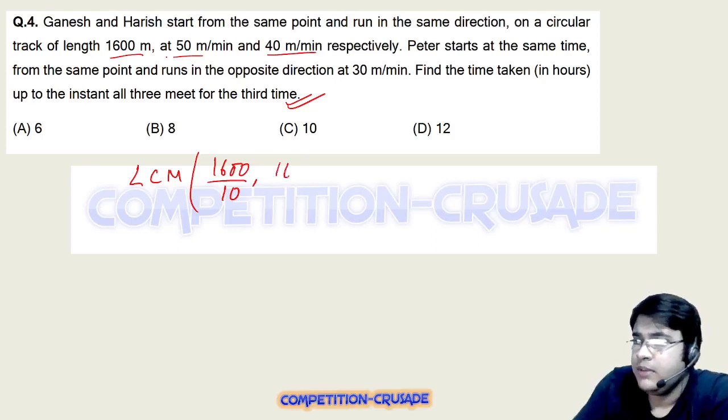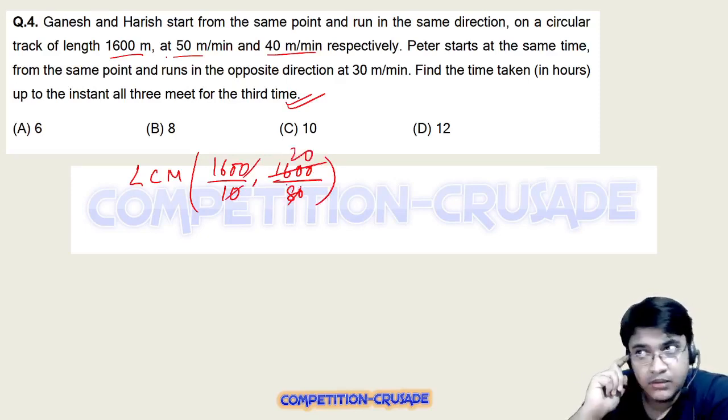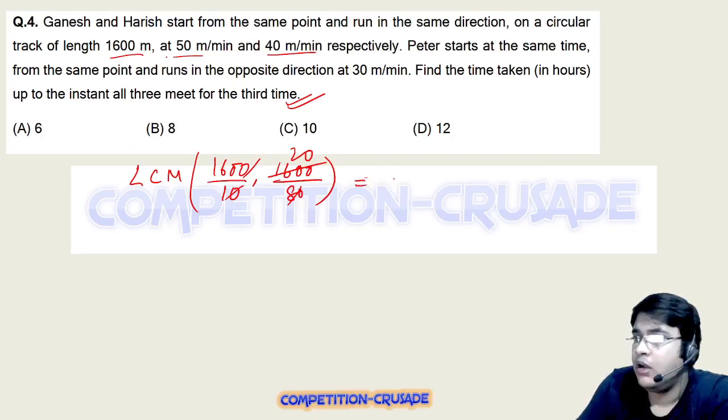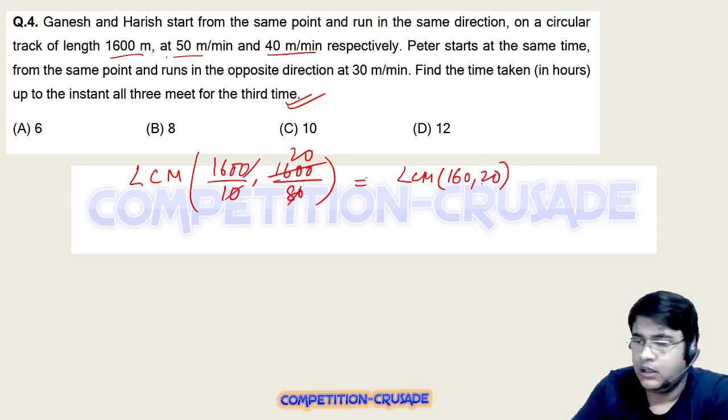So this will be 1600 by 80. 1600 by 10 is 160, and 1600 by 80 is 20. Least common multiple of 160 and 20.